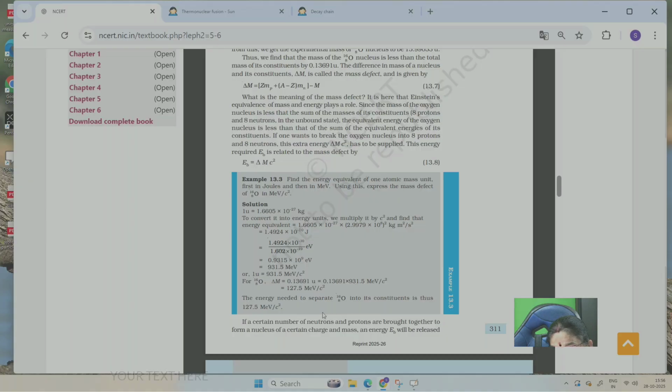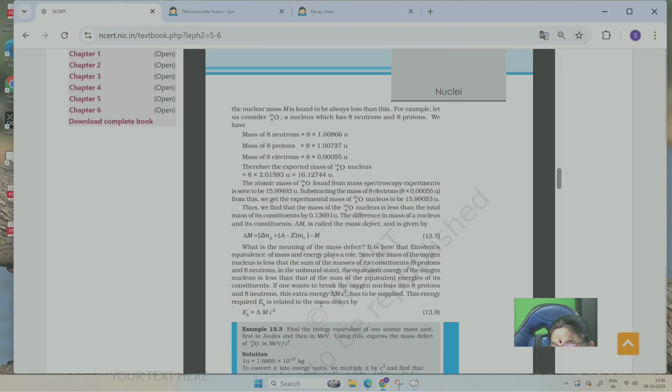So here, yeah, it is given. Can you check here? So this 16.127 nucleus, that is 16.12744. No, 15.99493 atomic mass. 15.99493. You can check here.